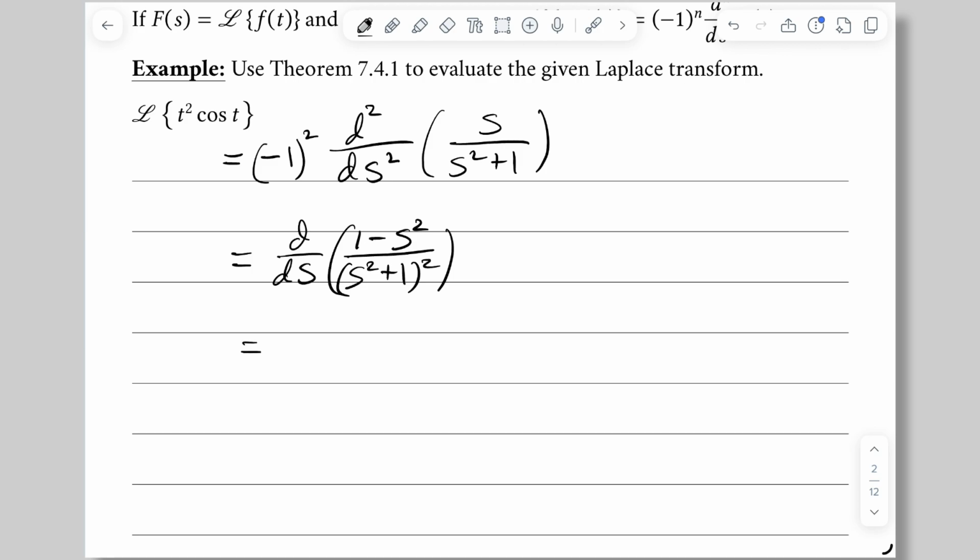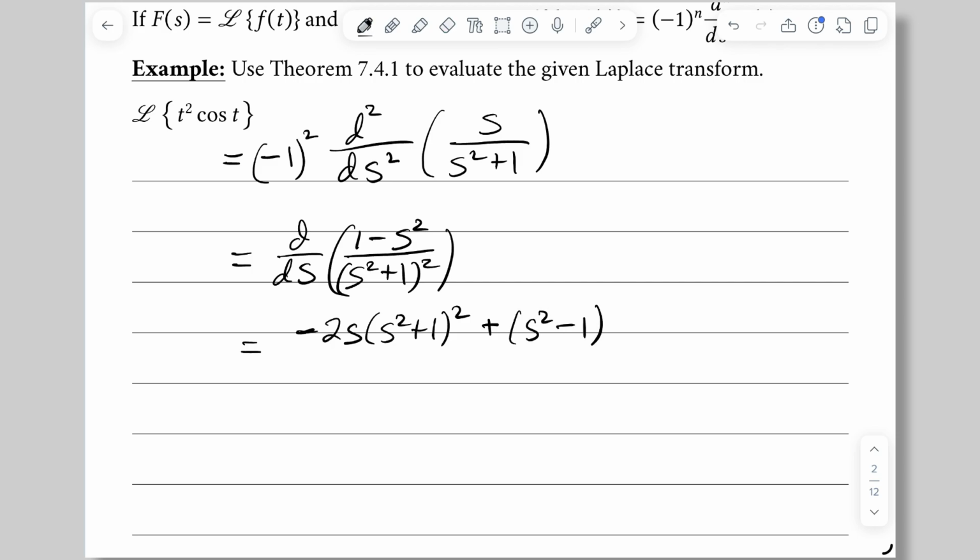I want to show you the second derivative because something happens with rational functions, and it's often when we're taking a second derivative using the quotient rule. We've got u is 1 minus s squared, v is s squared plus 1, the quantity squared. And so u prime v is going to be negative 2s times s squared plus 1, the quantity squared, minus uv prime, which is going to give us plus the quantity of s squared minus 1.